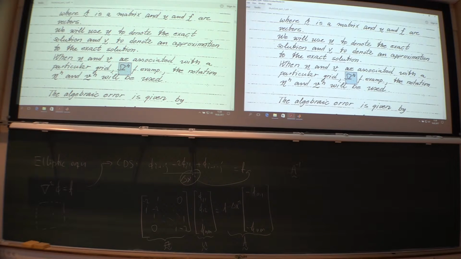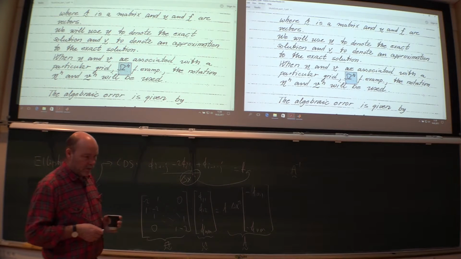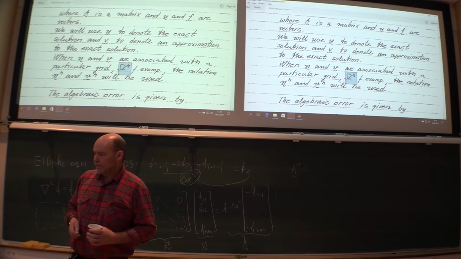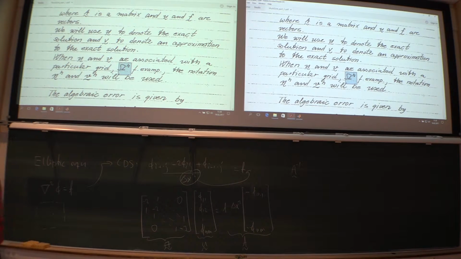You take only every second point, or say you take 2 cells and merge them to 1. In 2 dimensions, it will be 4 cells merging to 1 coarse cell. 3D, it will be 8, and so on. Typically, you will use the doubling of meshes when you talk about coarser and coarser meshes. You don't have to. You could have actually taken 3 cells and joined them to 1 big one. But people have found out that just doubling is quite efficient and very practical.